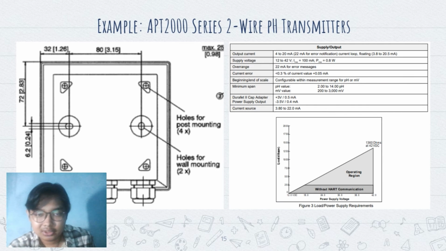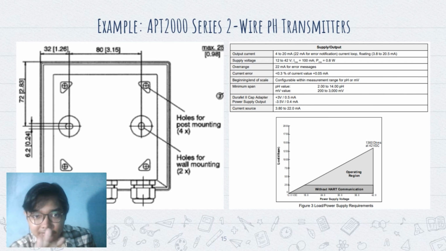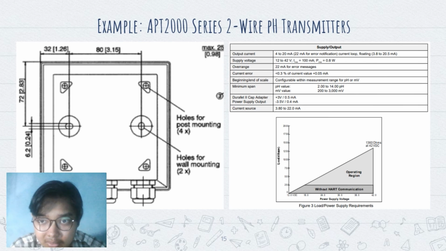This is the dimension of the APT 2000 series 2 wire. We have the dimension on the left side, and on the right side we have the supply or output that this pH transmitter produces. The output current is 4 to 20 milliampere current loop, and the floating 3.8 to 20.5 milliampere.